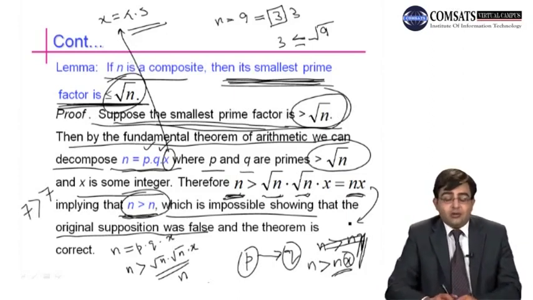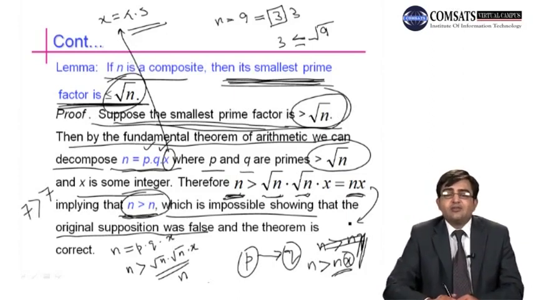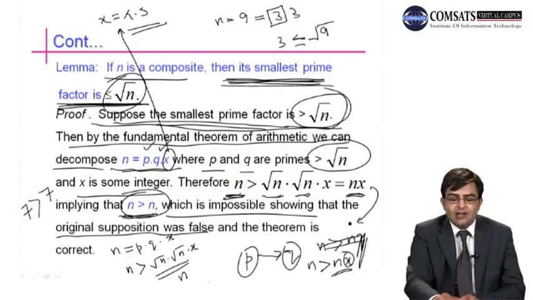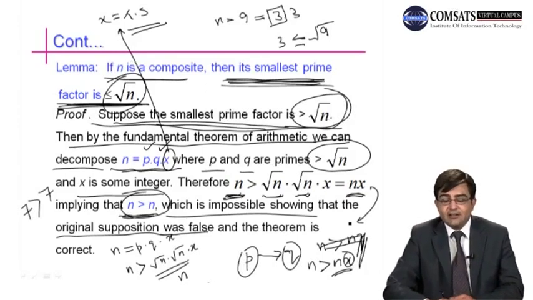So we conclude that what we have supposed is false, and if it is false that the smallest prime factor is greater than square root of n, then what will be true? Then the smallest prime factor will be less than or equal to square root of n. This statement will be true, and hence the result has been proved.